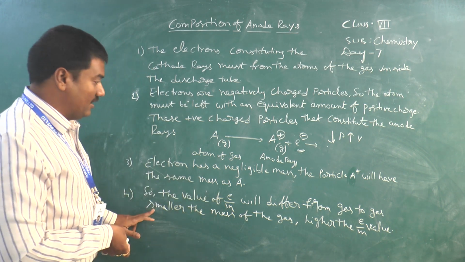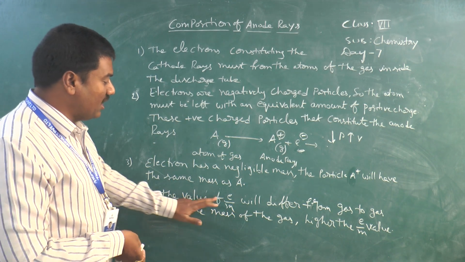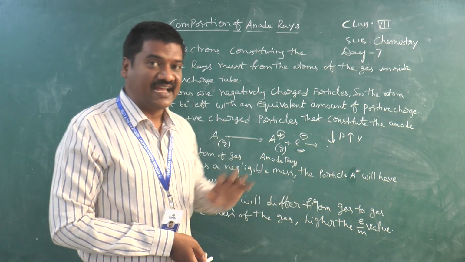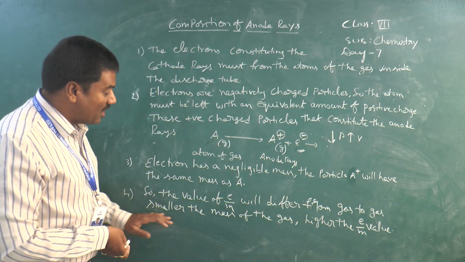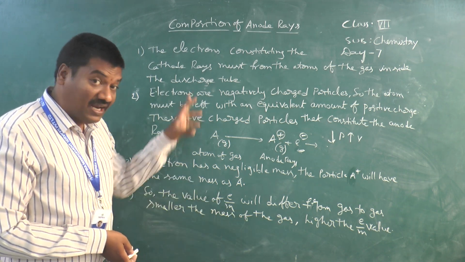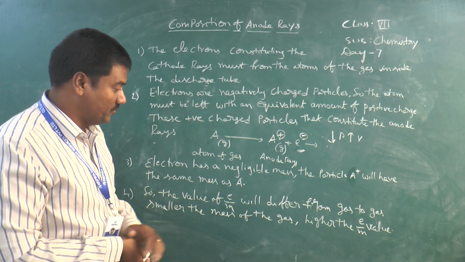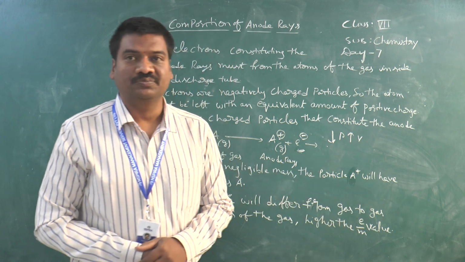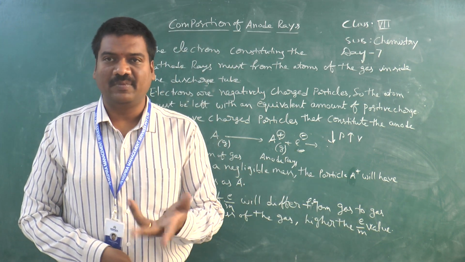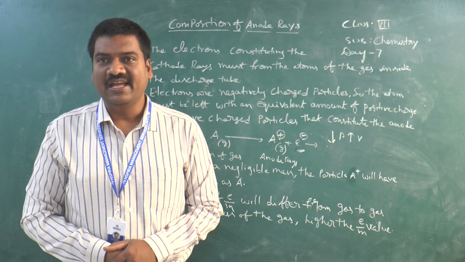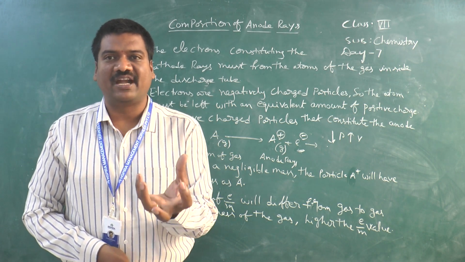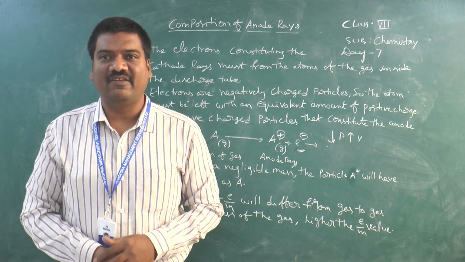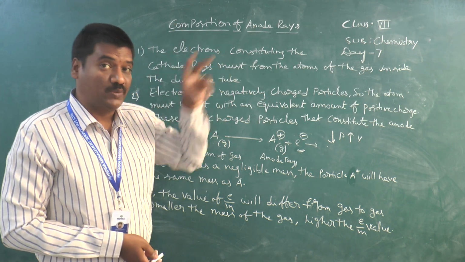Now the fourth point: the value of e by m differs from gas to gas, and the smaller the mass of the gas inside the discharge tube, the higher the e by m value. When the denominator value is less, the charge by mass ratio will be higher. If you use a less massive gas particle in the experiment, like hydrogen, the ratio is higher.